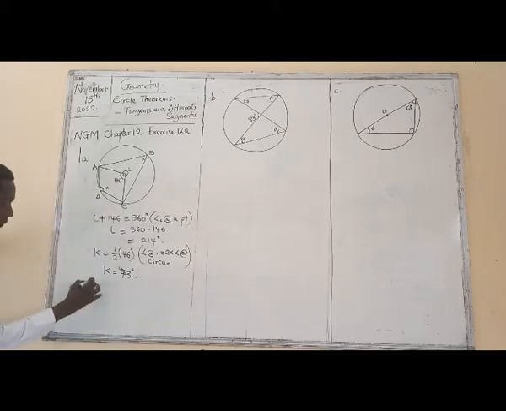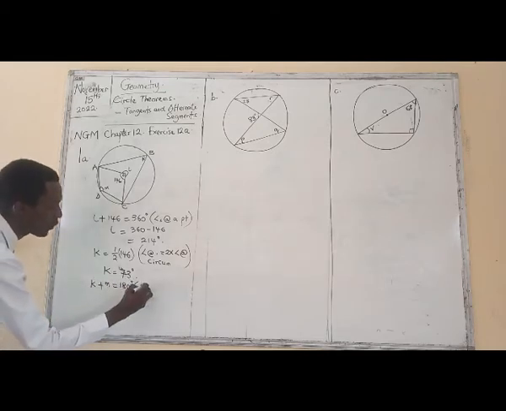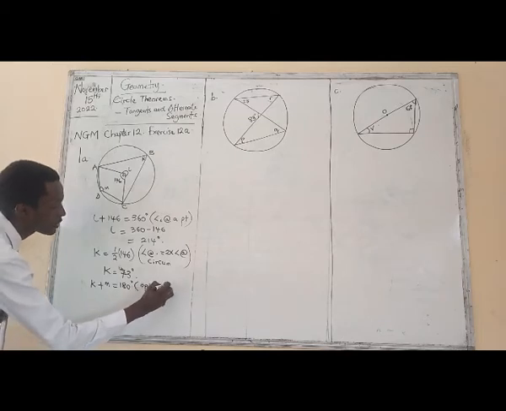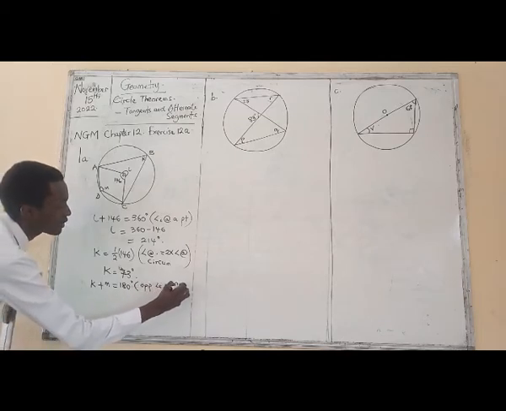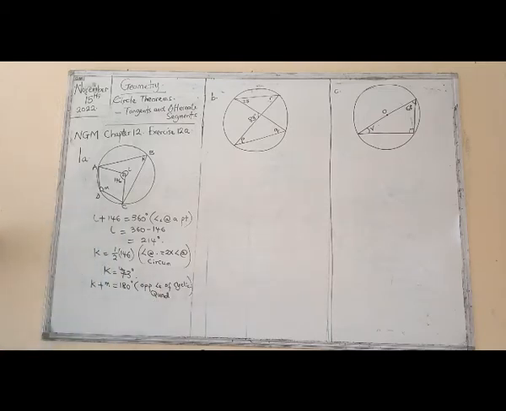So K plus M will be equal to 180 degrees. What's the reason for that? Opposite angles of cyclic quad. Or you can just simply say cyclic quads or cyclic quad. Once you say cyclic quad, the examiner understands what you're talking about.